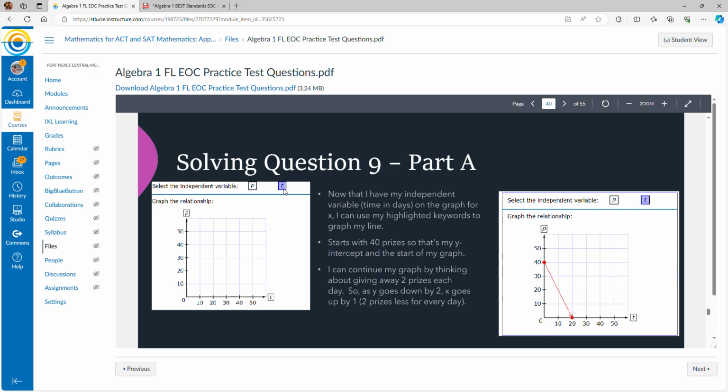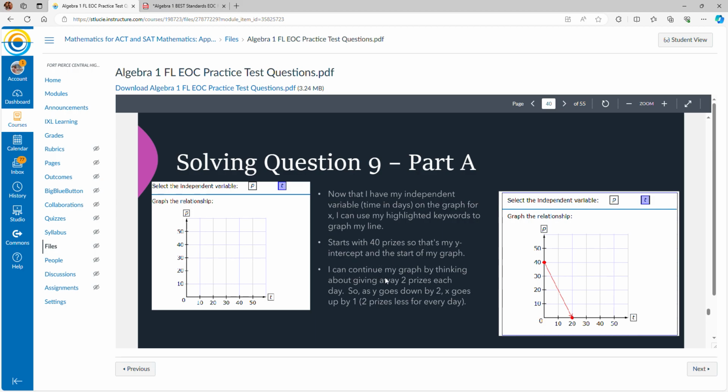So I highlighted T for my independent variable, and I put my independent variable as my X, always, and then P for my Y variable. And now that I have my independent variable, time and days, on the graph for X, I can use my highlighted keywords to graph my line. So we start with 40 prizes, so that's my y-intercept and the start of my graph.